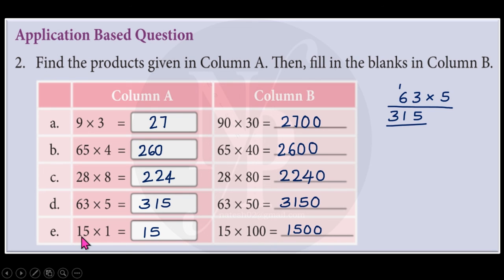Here we had 15 into 1, but in column B we have 15 into 100. So when we know 15 into 1 is 15, we just write 15 here and we write 2 more zeros to the right of this answer, which becomes 1500. That is 15 into 100 is 1500.